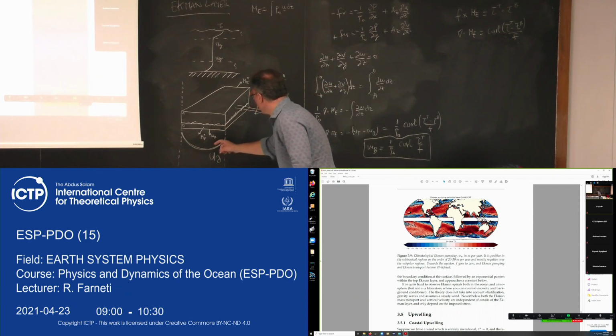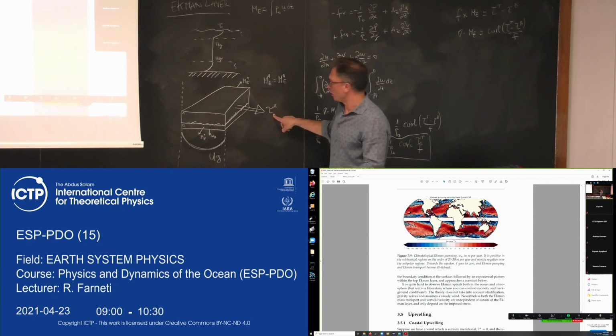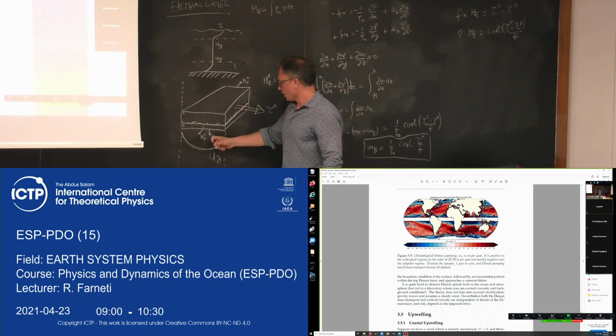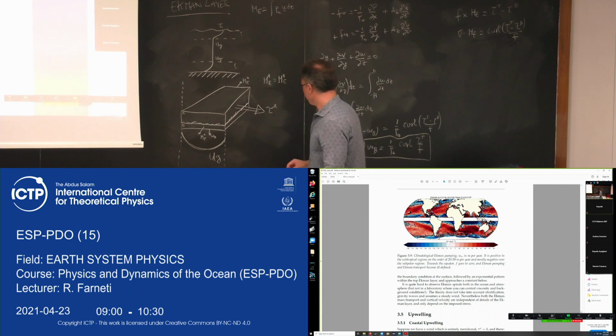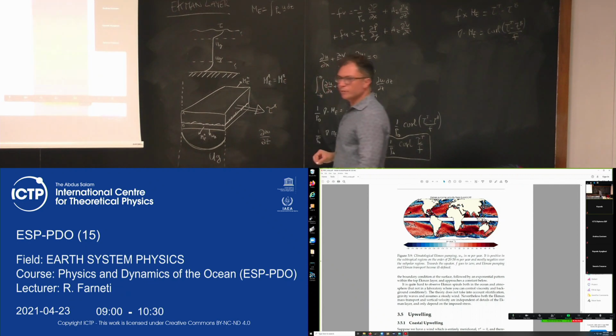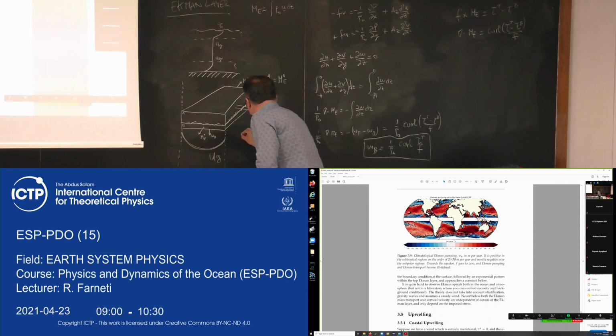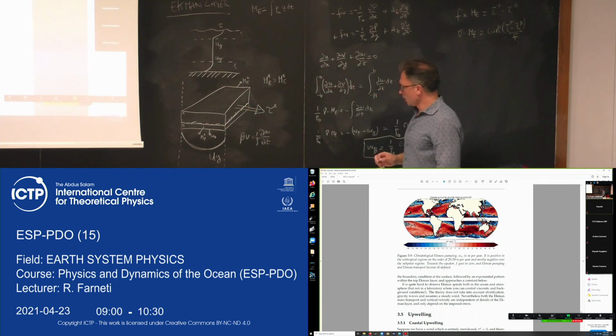We've seen that if you have a wind stress, tau, and if you have a curl in tau, then you will have a vertical velocity associated with that curl of the wind stress. And if you have a shear in that vertical velocity associated with the curl of the stress, that will set up a motion inside of the ocean, in the interior of the ocean.